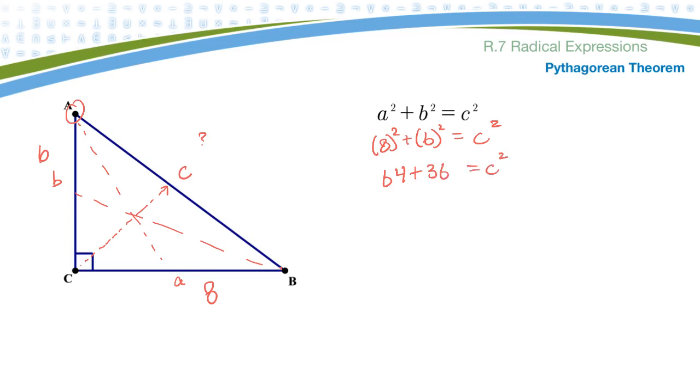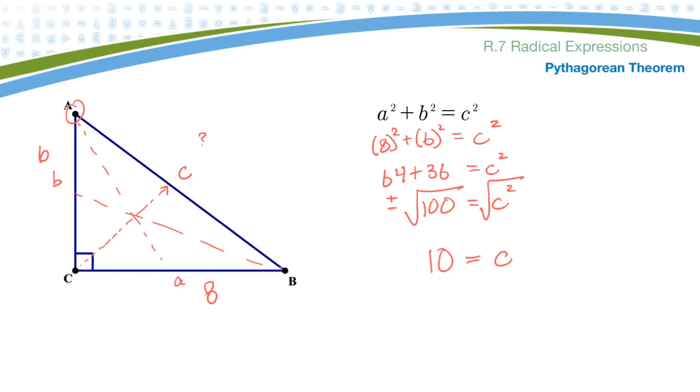And to solve for C, I'll add these to be 100. And then I can use a square root property that we've done before. We should put a plus or minus here, but in this case where I'm looking for the length of a side, I probably won't use the minus version. So I'm just going to say that C is positive 10.